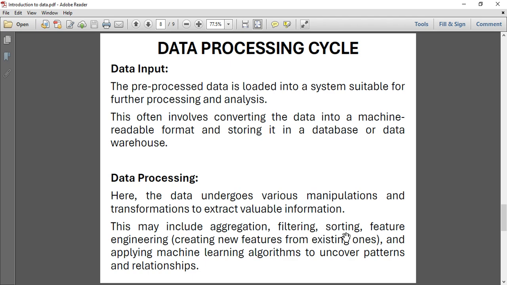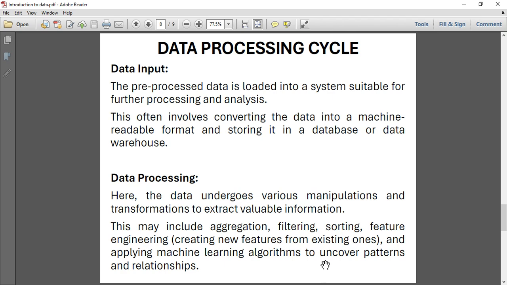Then we have data processing. Here, the data undergoes various manipulations and transformations to extract valuable information. So here now you can filter the data to say, okay, I'm only looking for the data concerning males or concerning females. Here you can find the averages. Here you can uncover patterns and relationships between data.